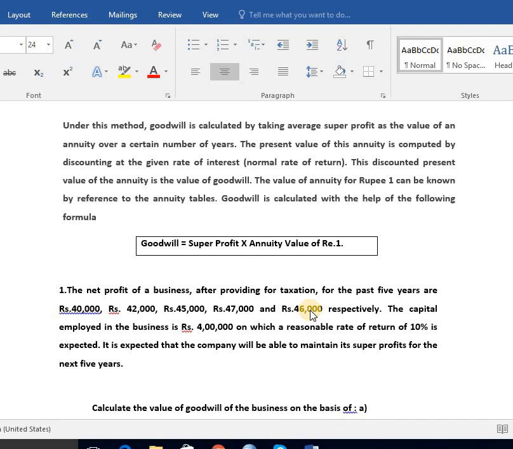If it decreases, also the weighted average profit method. So if it fluctuates, we are adopting the simple average profit method.